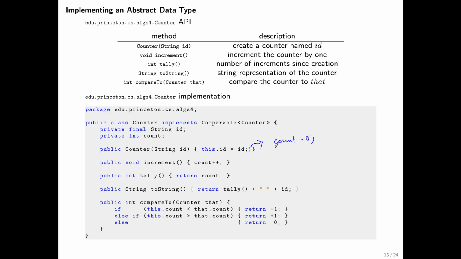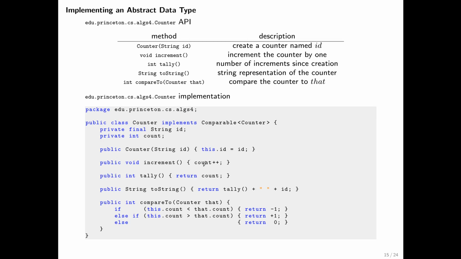And notice that here I didn't have to say this dot count because there is no parameter called count that is shadowing the instance variable, though it doesn't hurt to say this dot count. So it is perfectly okay to say this dot count equals 0. That's fine too. All right, so that's the constructor definition. What about increment?